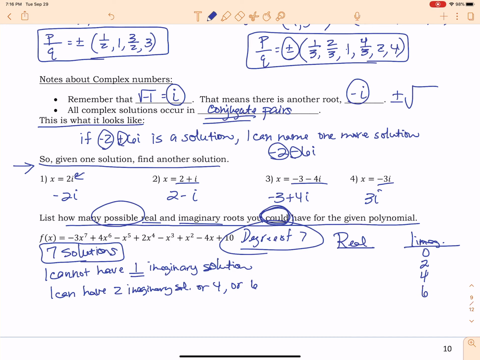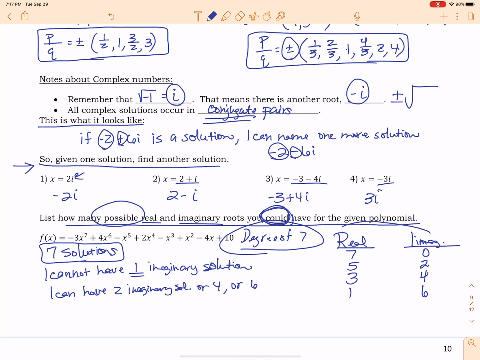Those are my only options. So if 0 of them are imaginary, that means all 7 would be real. If 2 of them are imaginary, that means I could have 5 real solutions. If 4 of them are imaginary, that means 3 can be real. And if 6 of them are imaginary, that means I can have 1 real.